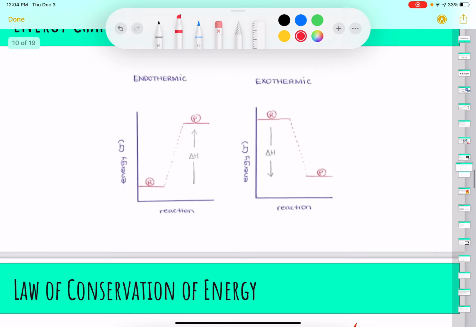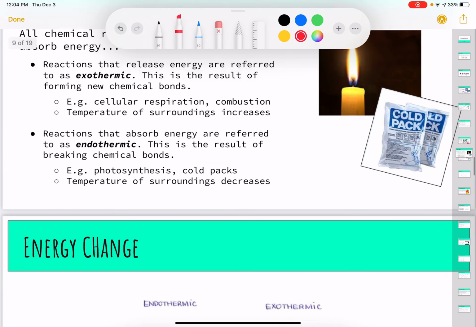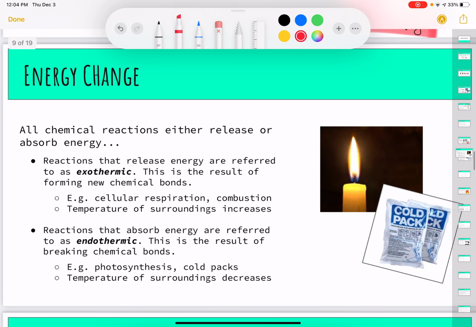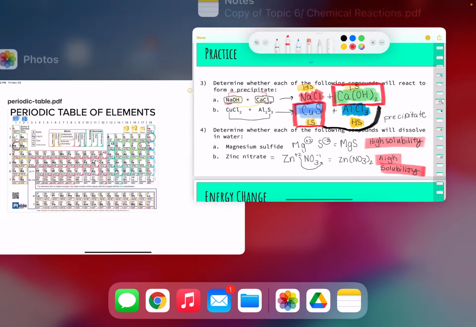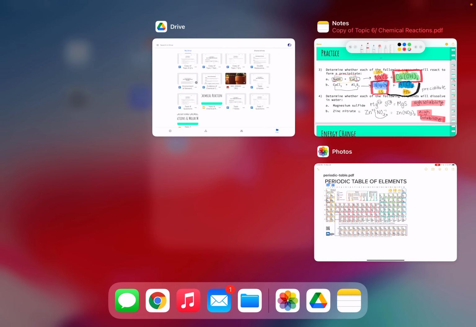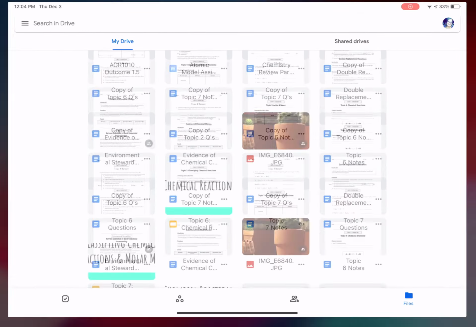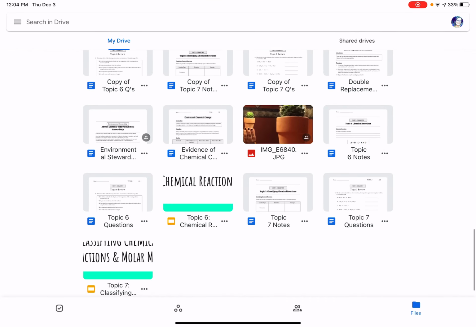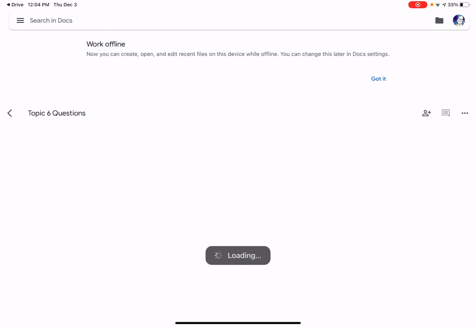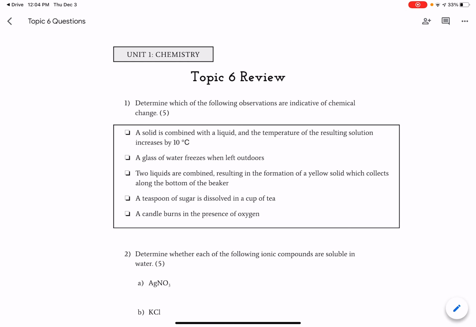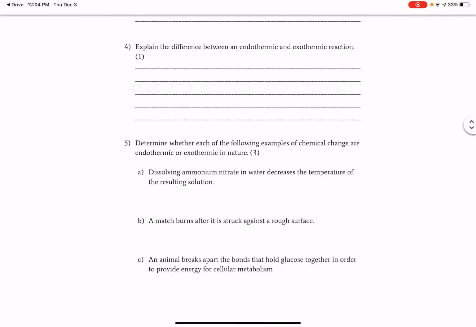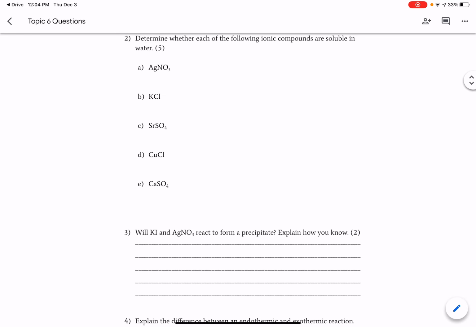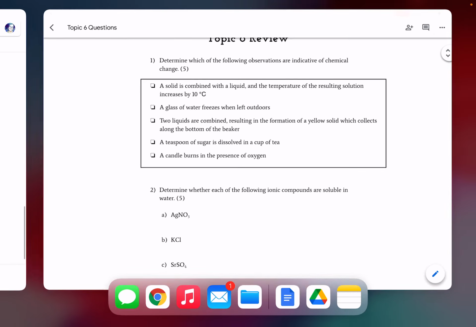I'm going to stop right there just for now at the energy change. So there should be, let me just double check. So we're on topic 6. So if we go on to the topic 6 assignment, right now, after this video, you should be able to work on question 1 to 3.